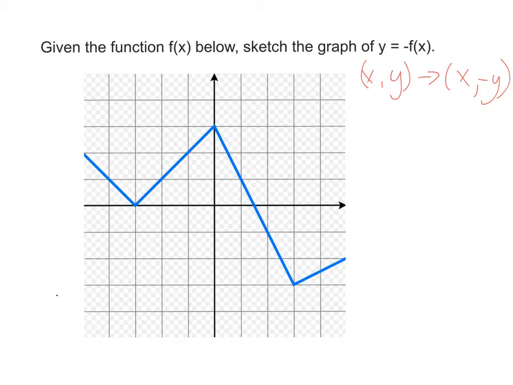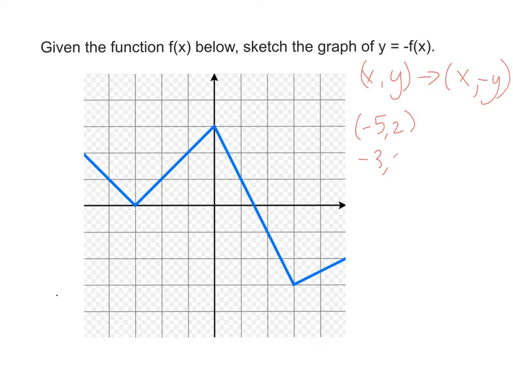So what I'm going to do for this is choose some points on the function, and I'm going to choose those points where it's switching direction from increasing to decreasing, and the endpoints. And I'm just going to make a list of ordered pairs here. Negative 5 and 2 is 1 point.